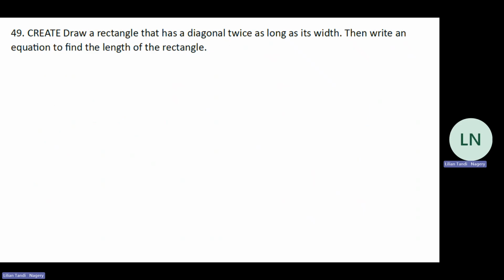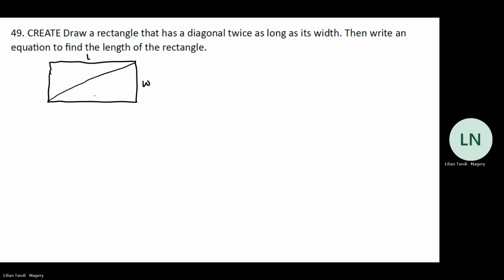so we move on. Draw a rectangle that has a diagonal twice as long as its width, and then write an equation to find the length of the rectangle. So if you draw a rectangle and you put this here, and this is the length and this is the width, okay?